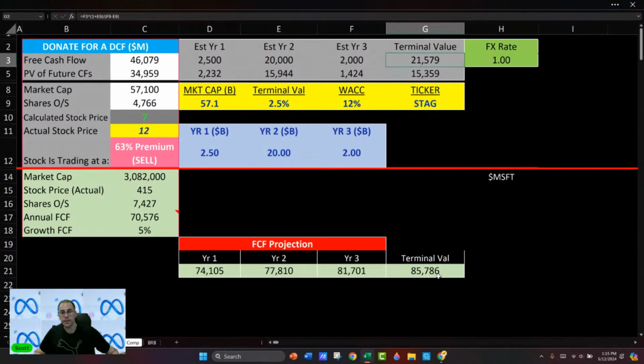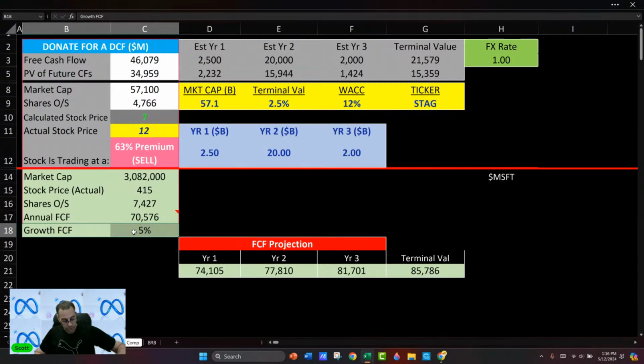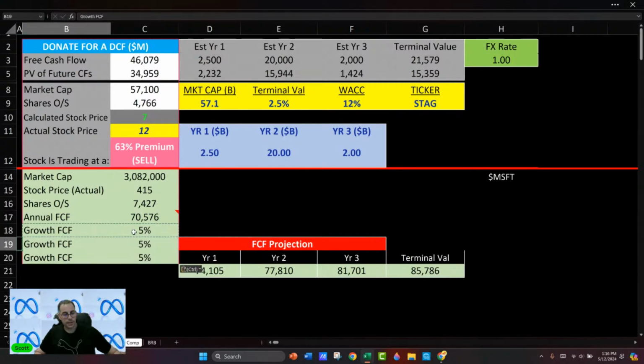So this formula, in order to do it, you need 2 more numbers. You need the terminal growth.